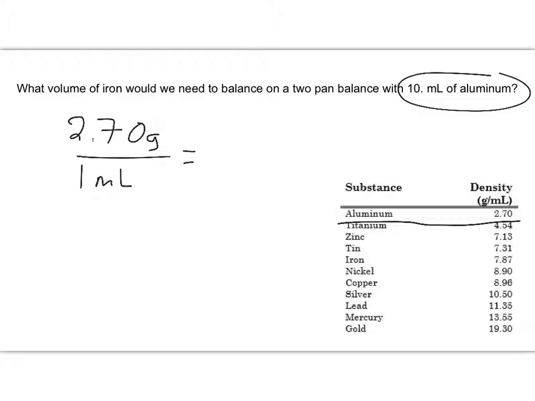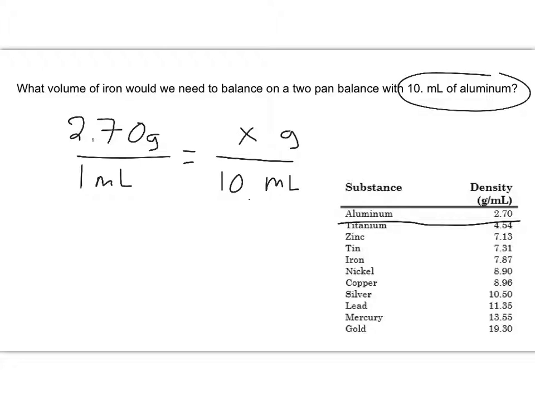And the density of aluminum never changes. So we can set up a proportion. These have to be the same because the densities don't vary. And we know that we have exactly 10 milliliters. We just don't know how many grams that is.